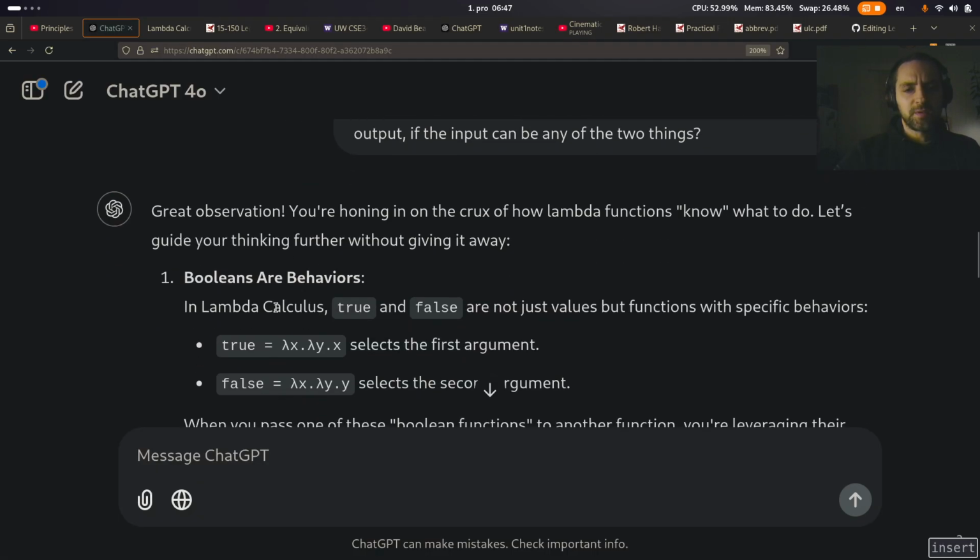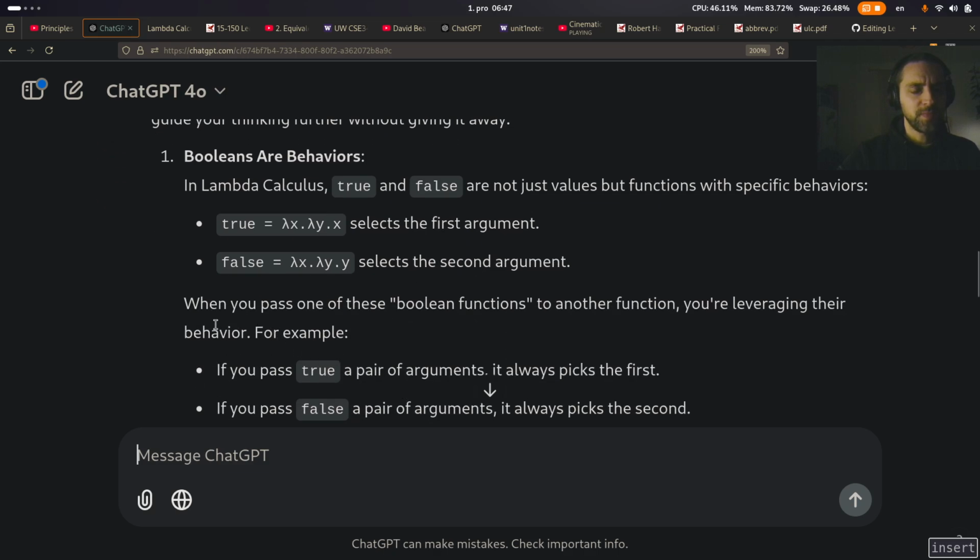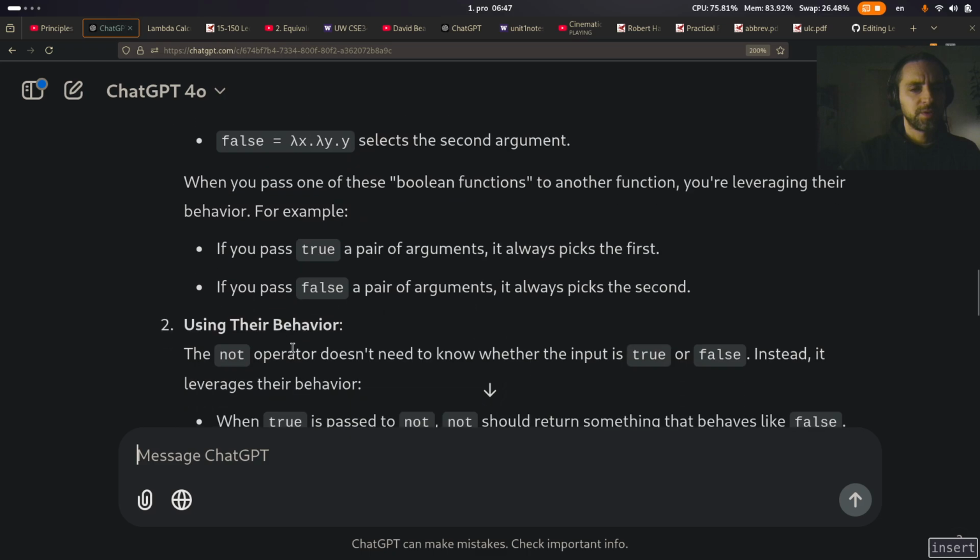Booleans are behaviors. True and false are not just values but functions with specific behaviors. True, lambda x, lambda y, x selects the first; lambda x, lambda y, y selects the second. When you pass one of these Boolean functions to another function, you're leveraging their behavior. If you pass true a pair of arguments, it always picks the first.